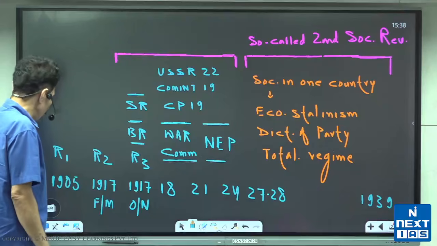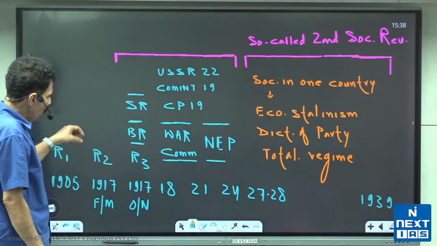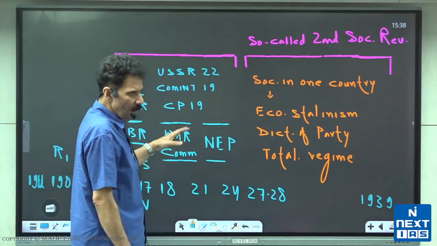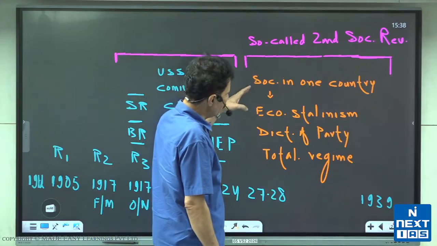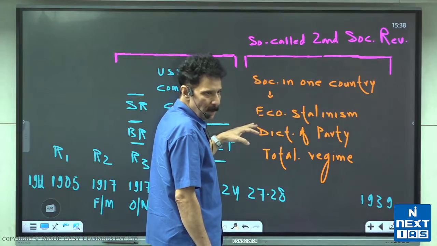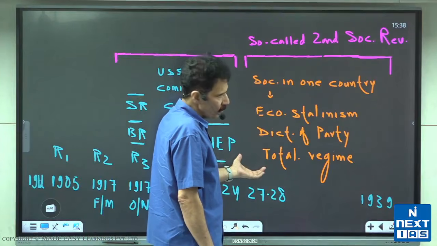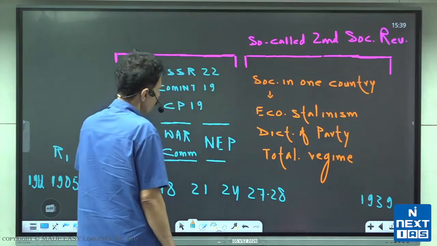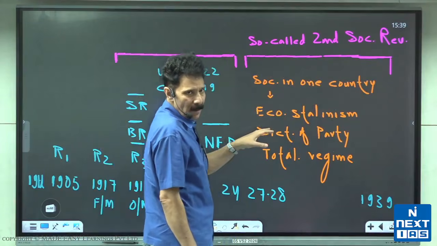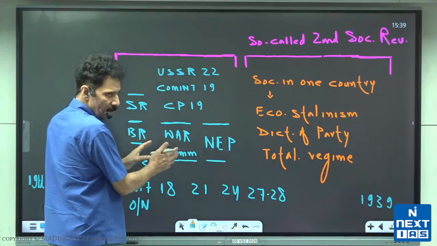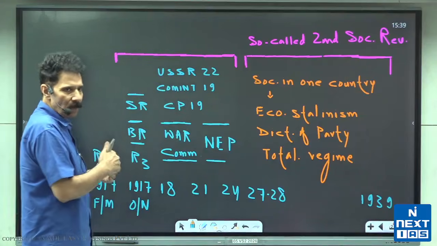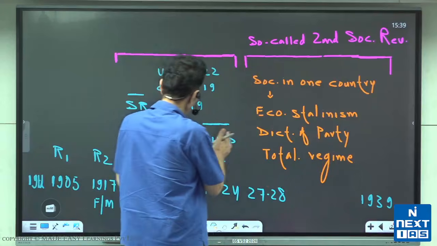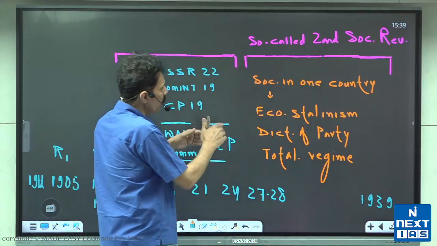See, conditions in 19th century: R1, R2, R3, war communism, NEP, socialism in one country, economic Stalinism, dictatorship of party, totalitarian regime, the second socialist revolution, role of Lenin, role of Stalin, Russia after R3, Russia after R2, Russia after R1, USSR under Stalin, USSR under Lenin, role played by Lenin, role played by Stalin.